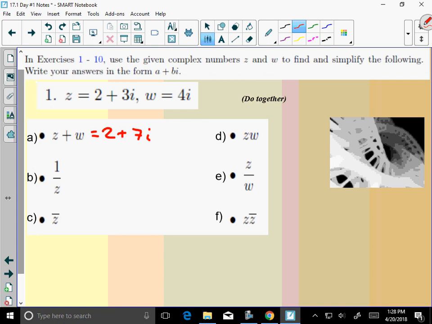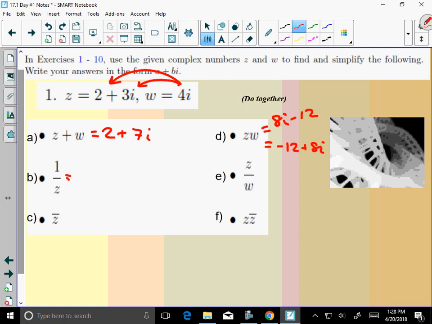How about z times w? Wouldn't I just distribute? Okay, so I'd get 8i, and then I'd get 12i squared. i squared is negative 1. So I would rewrite it in this form. Done. With me? Keep your eyes up here.